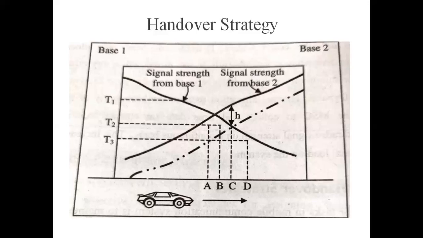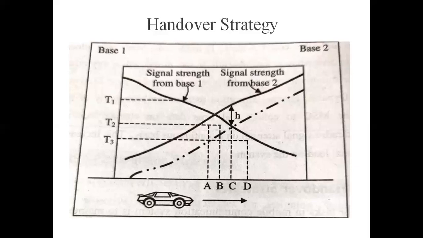If the threshold is higher than this value, say T1 in this figure, this scheme performs exactly like the relative signal strength scheme in the previous manner.